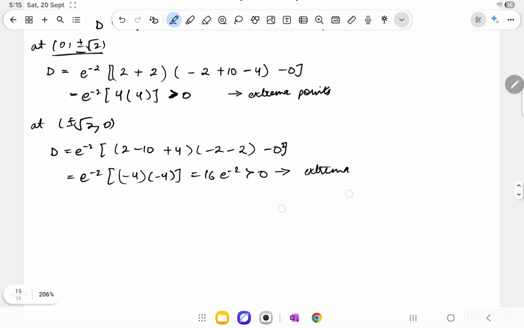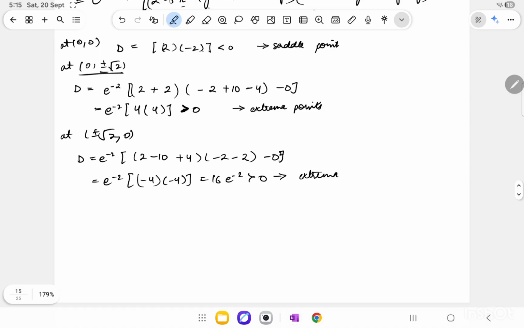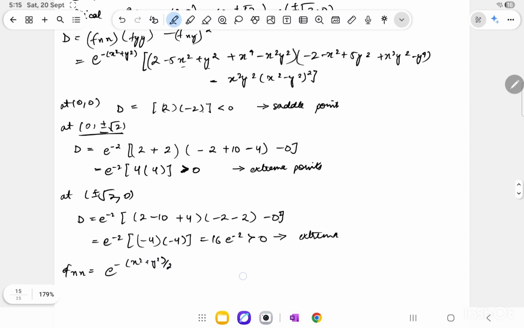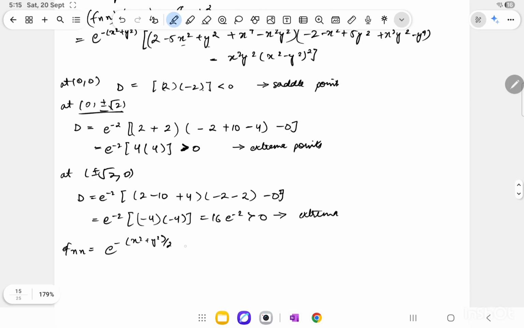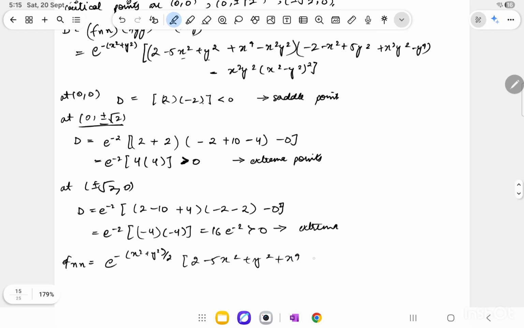Now let's check which one is a minima point and which one is a maxima point. So my fxx is basically e raised minus (x square plus y square) by 2 into (2 minus 5x square plus y square) plus x raised 4 minus x square y square.